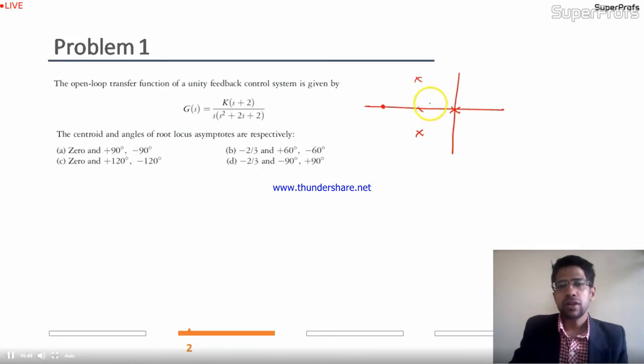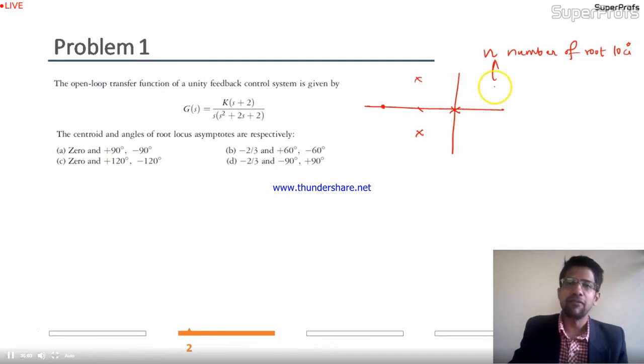So there are n number of root loci, and this n is nothing but the number of poles. So there are three poles, that means there are three different loci segments, and every root locus starts from a pole and terminates at a zero. There is one zero and the remaining two zeros are assumed to be at infinity.